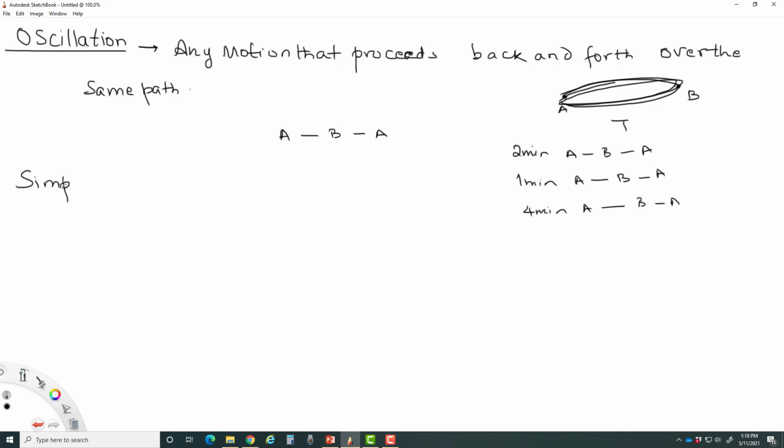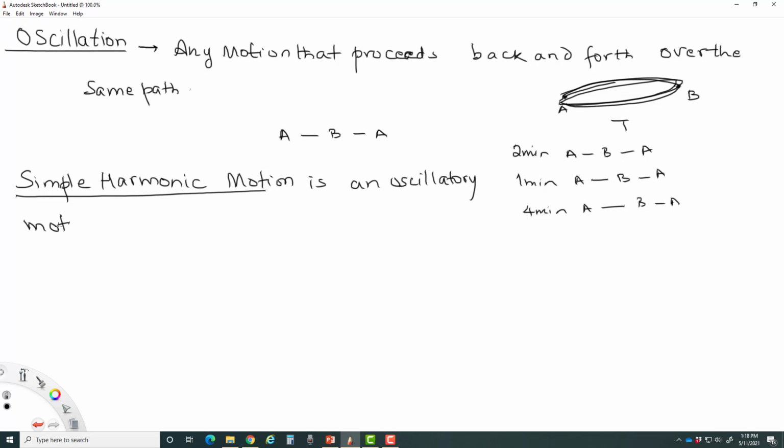So simple harmonic motion is an oscillatory motion in which the period of oscillation is always the same.